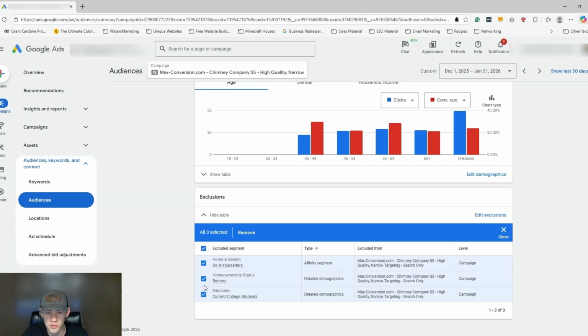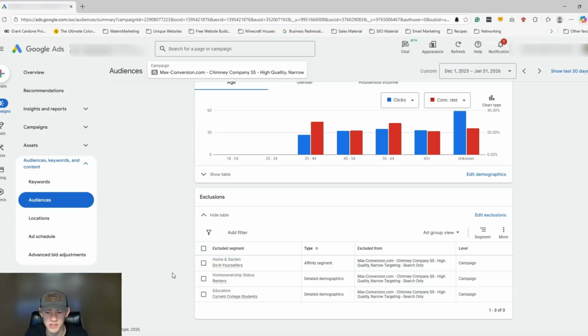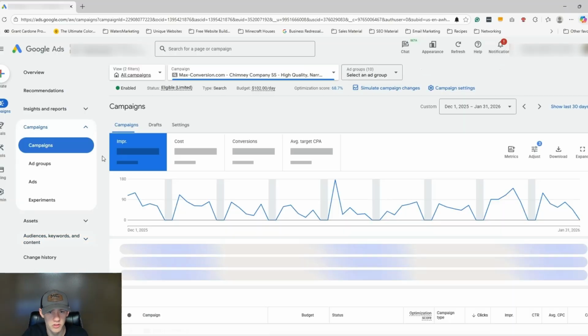So we remove these people. We want to make sure that people like this are removed from the campaign and they're not finding our ad, so that we're only spending money on good quality search terms and good quality clicks and people, and directing them to a landing page. So that's how we have this campaign broken down, guys.